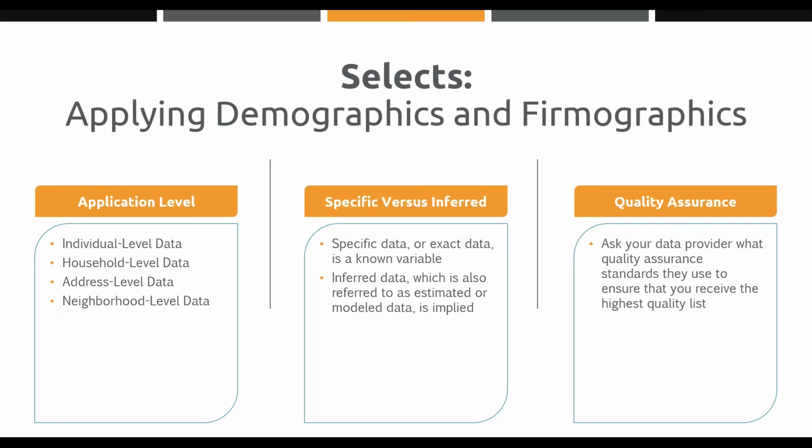Is it at the individual level? So when I say individual level, my age is specific to me. It is an individual level demographic. My gender would be another example of an individual level of application. So it has to be associated with that specific person.